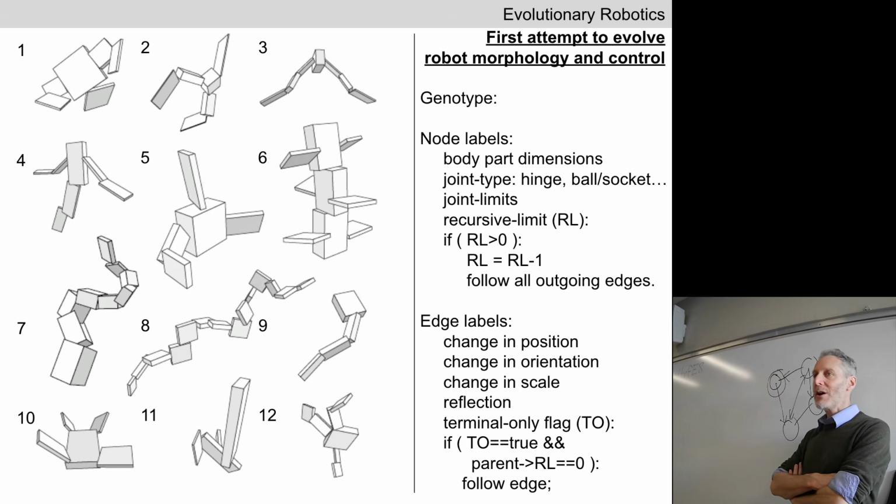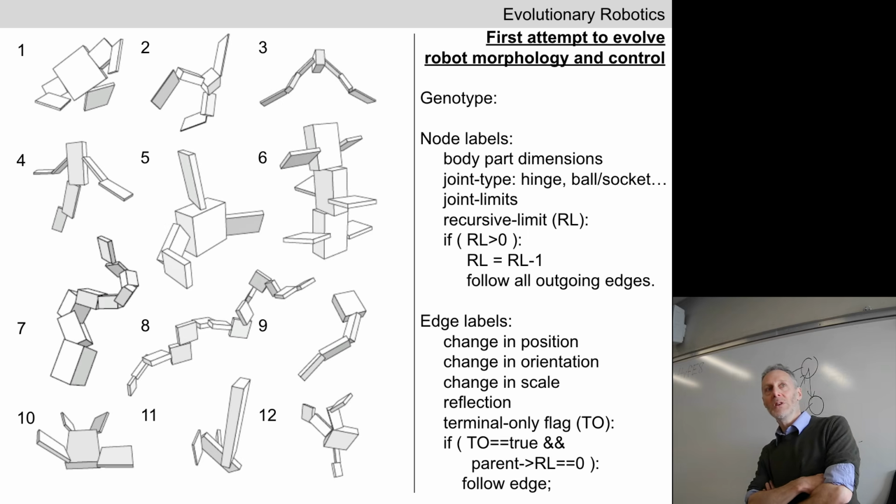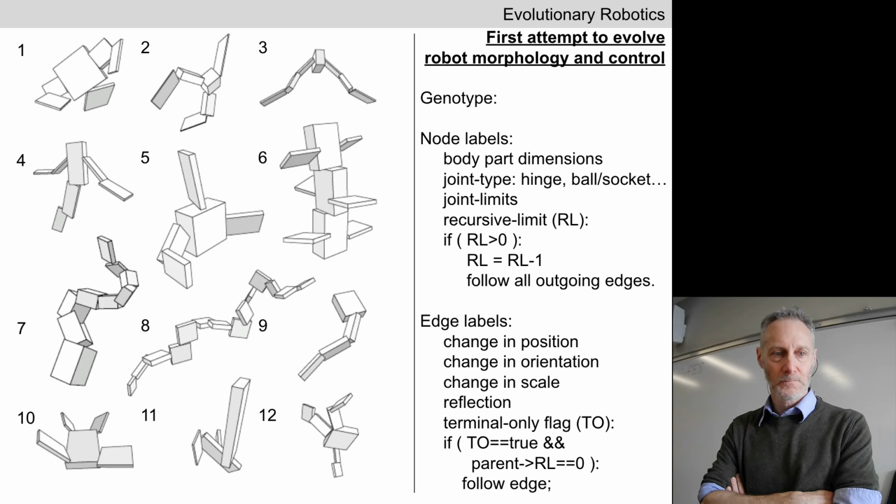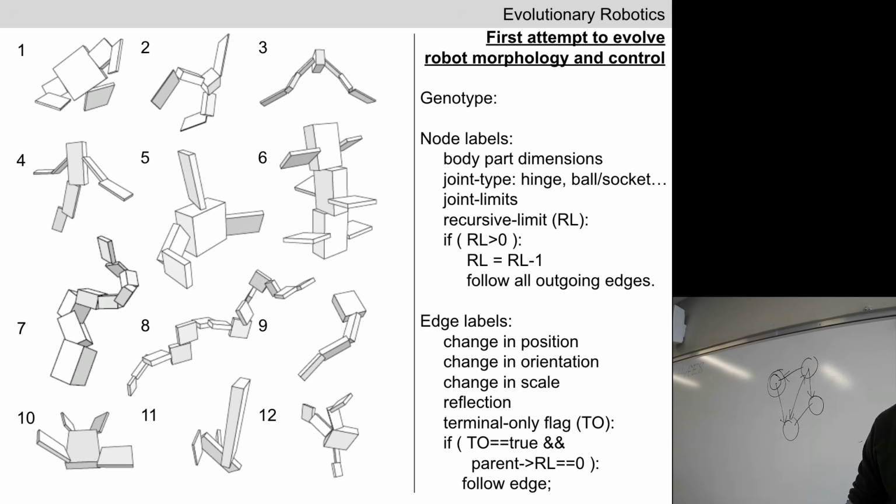I would suggest just draw the nodes and edges. You don't need to reverse engineer the actual labels, but have a go at 1 or 2 of these. And we'll give you maybe 2 or 3 minutes to do that, and then we'll see what you came up with. There's the list of labels on the right that hopefully will help you get the idea.